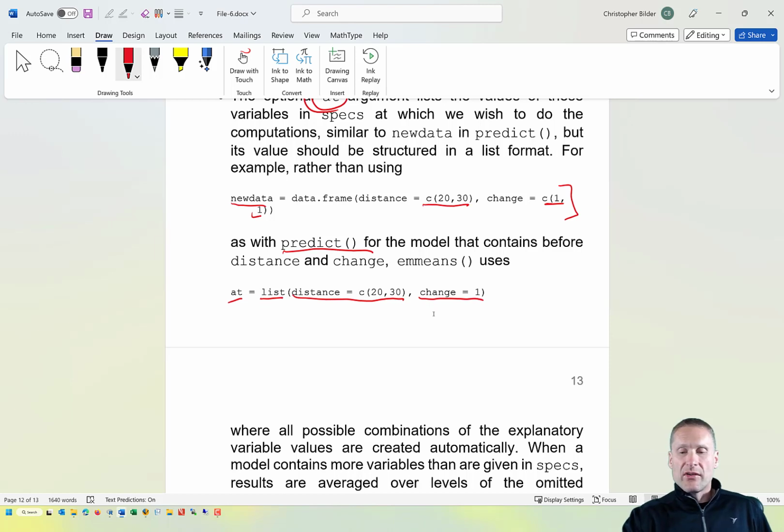So notice the difference here for change. Since I was repeating change, I don't need to do that here. What emmeans will do is say, okay, I'm going to match up change with 20. I'm going to match up change with 30 and come up with two different predictions or two different pi hats corresponding to this. That's just unfortunately the way that this particular function is set up, and so you need to take that into account when you use it.